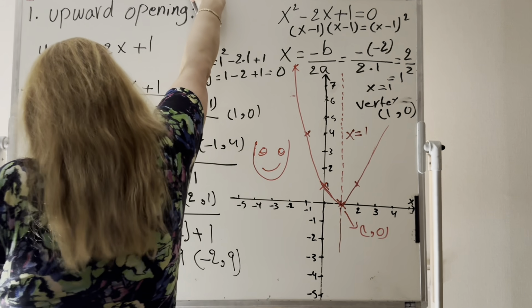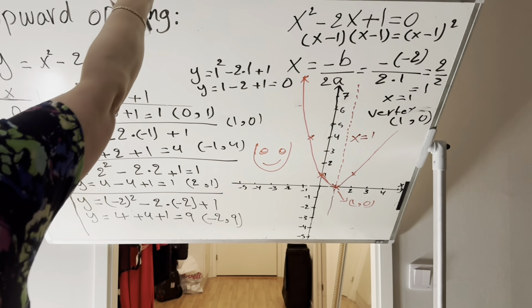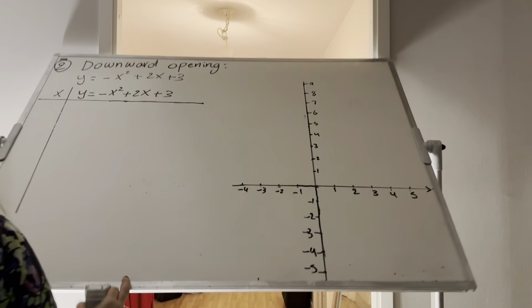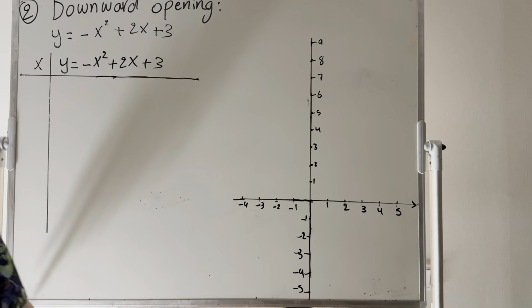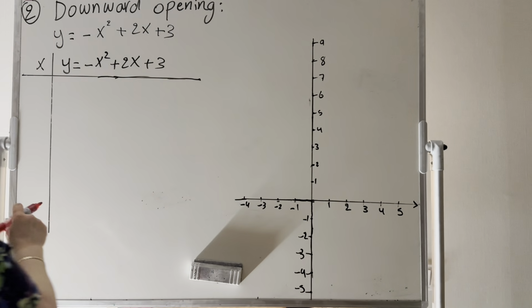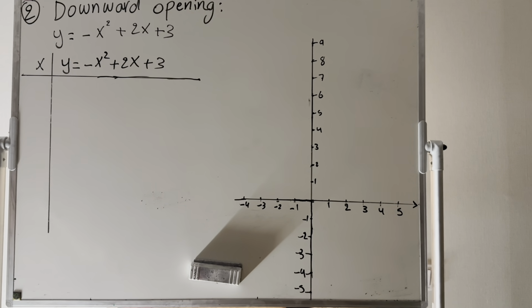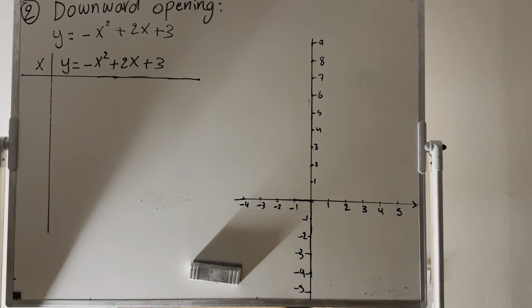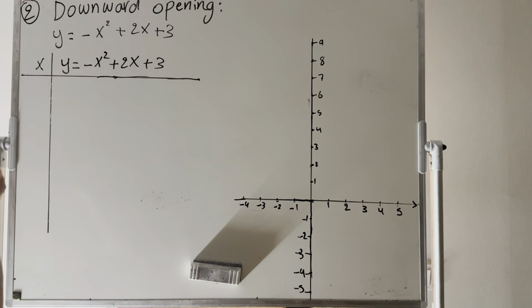The second example is when the parabola opens downward. When I look at the equation y equals minus x squared plus 2x plus 3, I will draw it the same way.